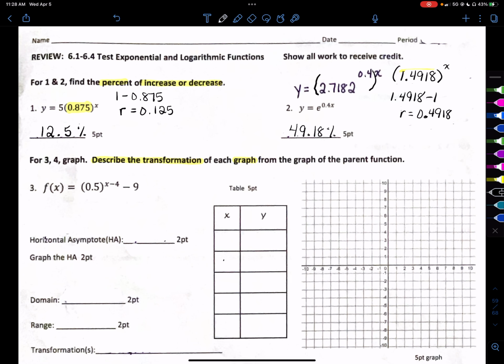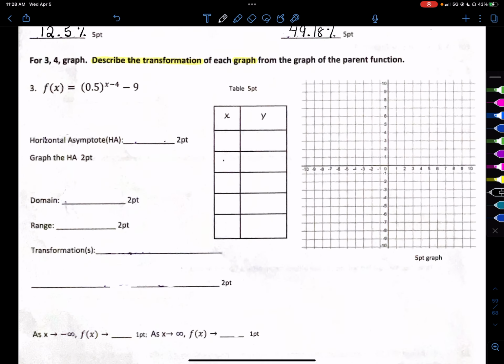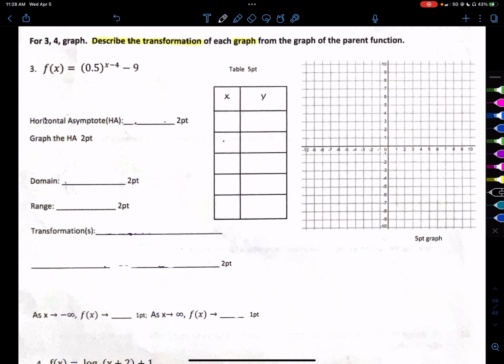All right, so now let's go on to problem number 3. On problem number 3, we are describing the transformation and we are graphing this. So we need to know first whether it's exponential or a log so that we can find those easy pieces. This one is an exponential because it doesn't have the word log. The horizontal asymptote is y equals k, so that's y equals negative 9.